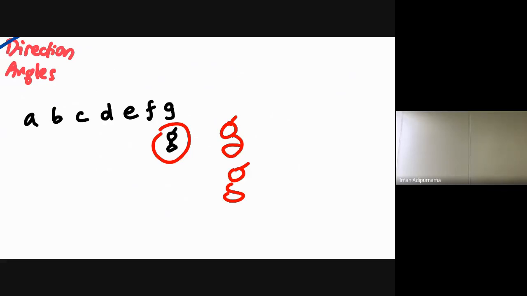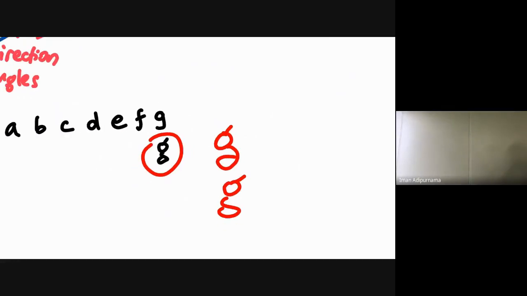And some university did research on why it happens. It turns out that because we are not familiar with it when we write our G, because we usually write our G this way, right?